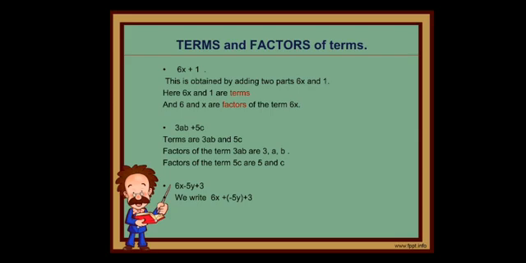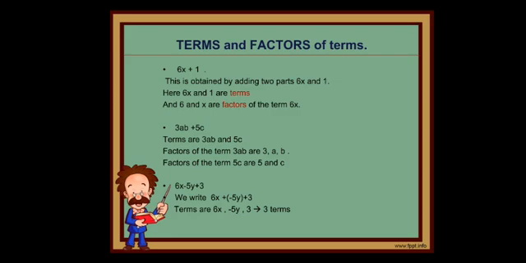Here by adding 3 parts we are getting the algebraic expression, right? So here each part is a term. So the terms of this expression 6x minus 5y plus 3 are 6x, minus 5y, and 3. So there are 3 terms in this algebraic expression.